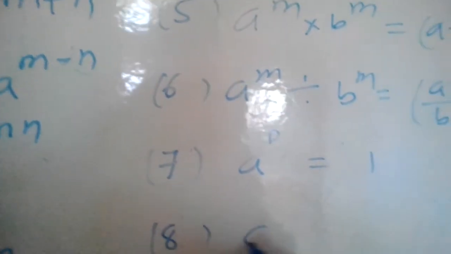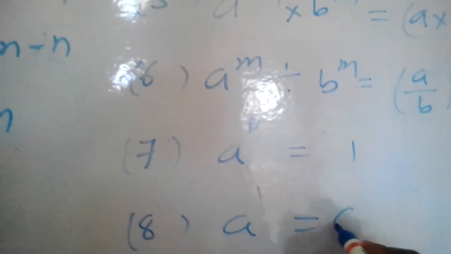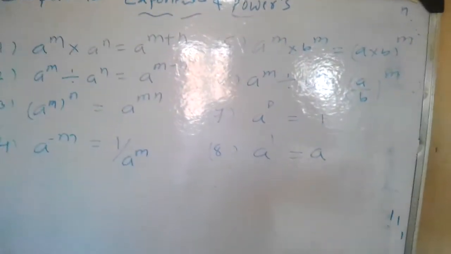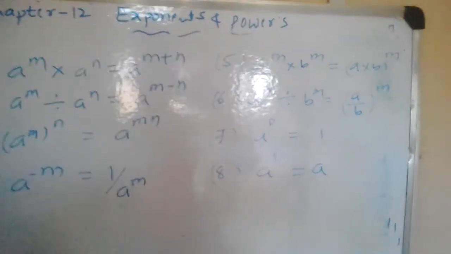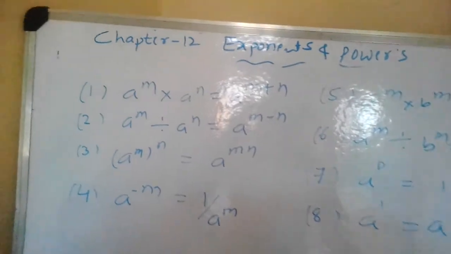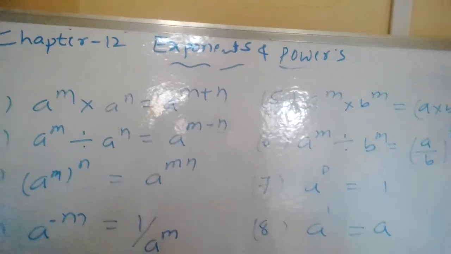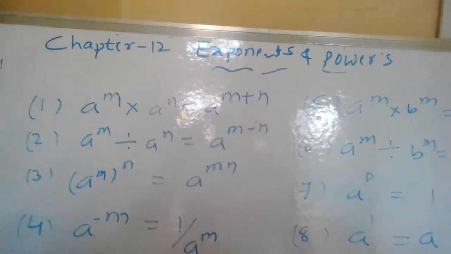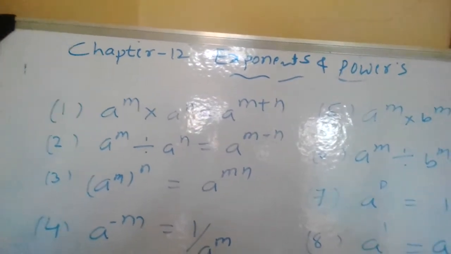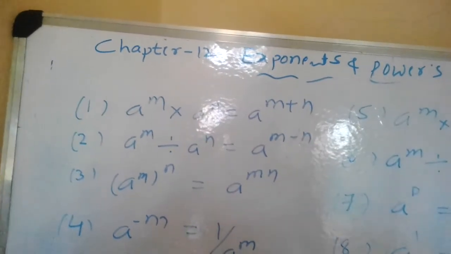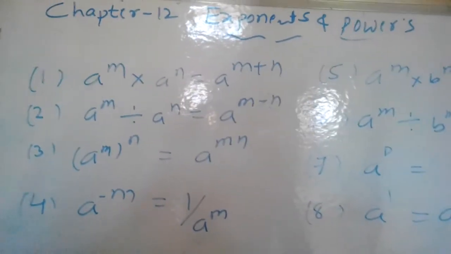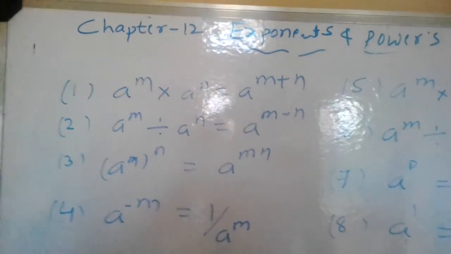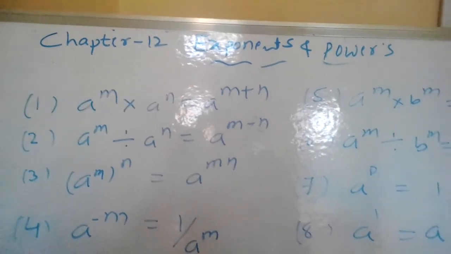Eighth one, any base raised to 1 is itself. Totally 8 rules are there. All 8 rules are very important in solving any mathematical problems. These formulas also come in future, in 9th standard, 10th standard, and in degree also. Whenever you do maths simplifications, all these formulas will play a very important role. So keep remembering all these formulas.